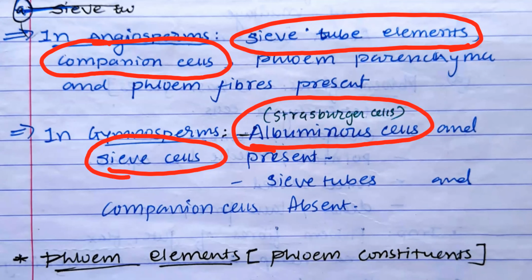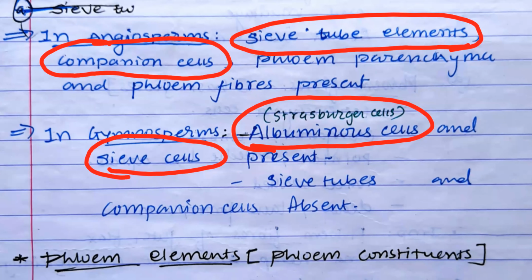Here you can see that sieve tubes are not there. So it's a primitive type of phloem that is found in gymnosperms and pteridophytes. Here, instead of companion cells, these are known as albuminous cells. So these kinds of variations prevail in the components of phloem in gymnosperms and angiosperms.